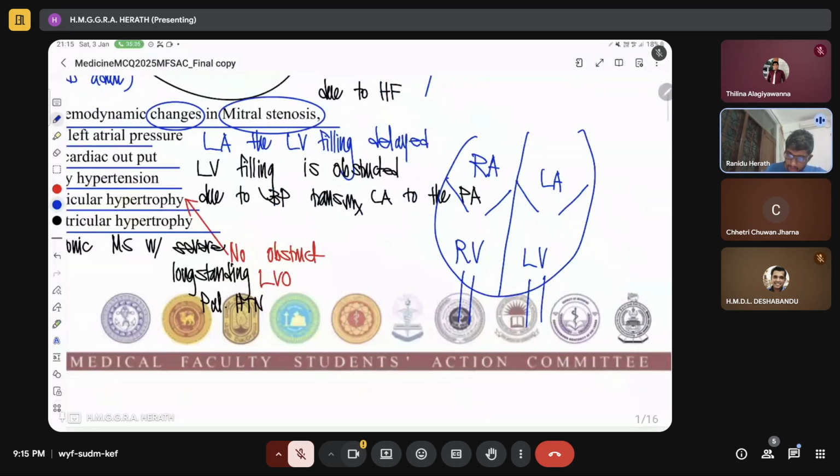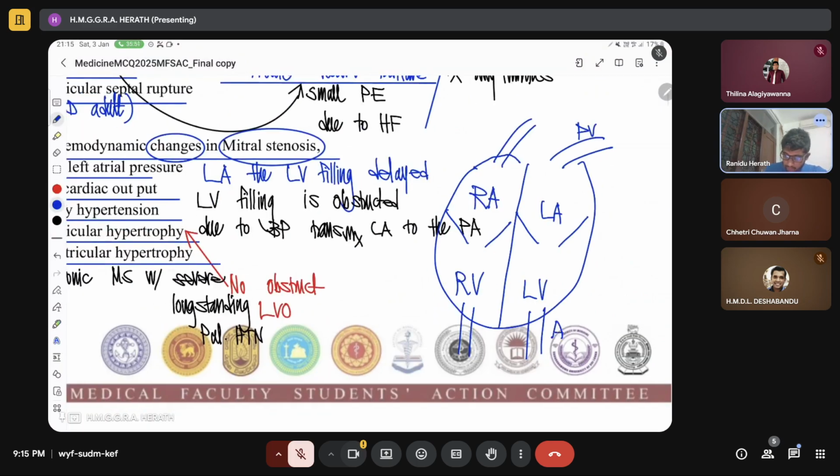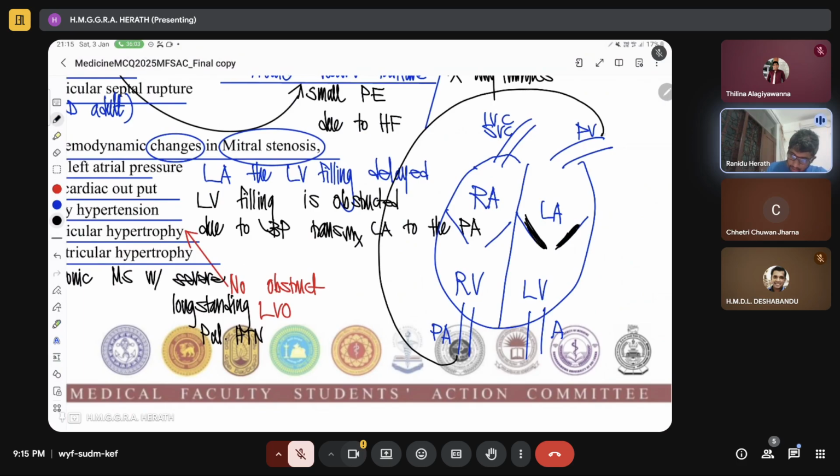This is the aorta, and this is the pulmonary artery, and this is the superior vena cava and inferior vena cava. So stenosis is taking place here, right? Both of these are connected with the lung. Understood?